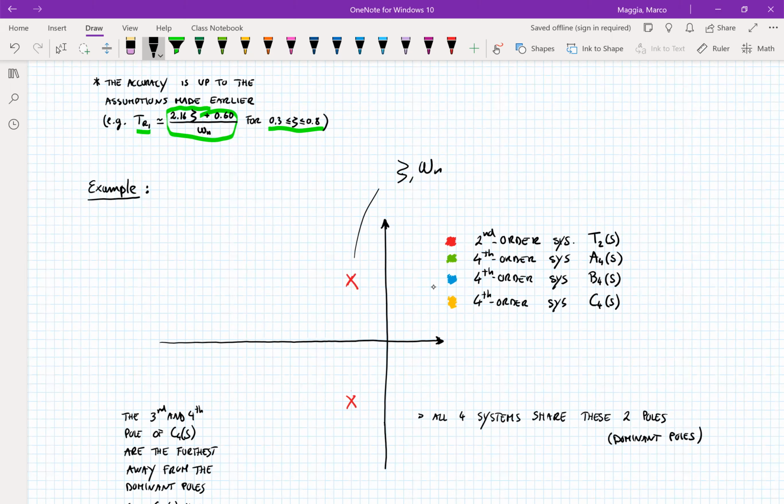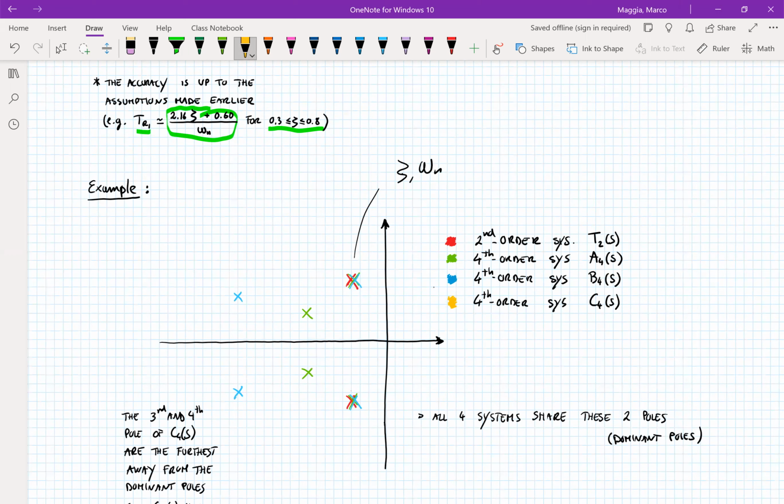Now let's consider instead a 4th order system. And let's say that this 4th order system has 2 poles that are exactly in the same location. But then the other 2 poles are right here. And then we consider another 4th order system with the same 2 dominant poles, but then the other 2 a little bit more to the left.